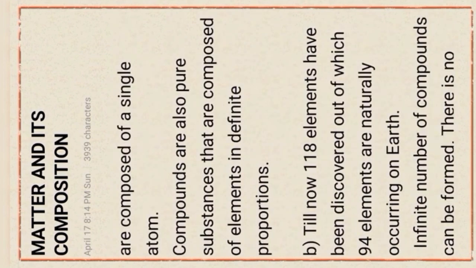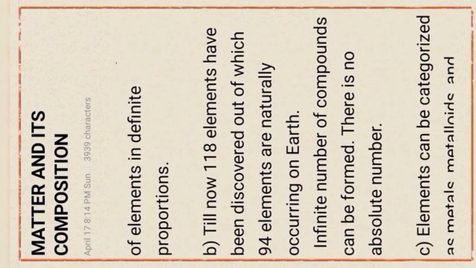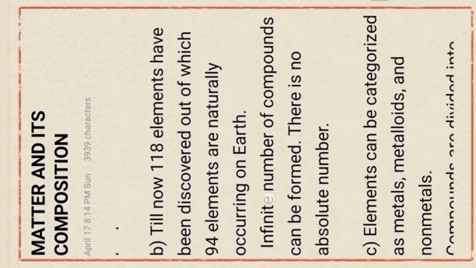Part B: till now 118 elements have been discovered, out of which 94 are naturally occurring on earth. But the number of compounds is indefinite; there is no absolute number.